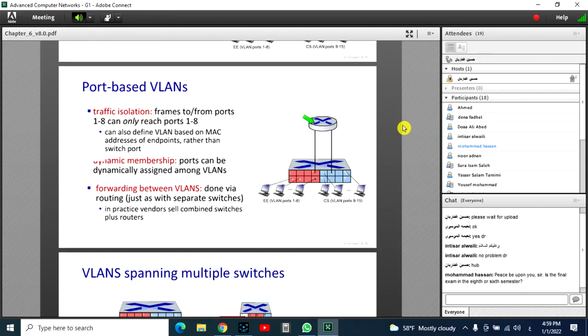Your data should be sent over that router, and that router can forward traffic from one VLAN to another one.